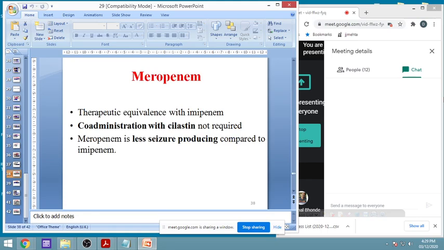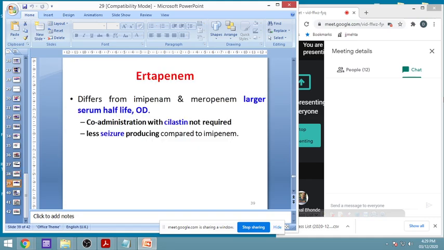Then another drug in that class is meropenem. There is a therapeutic equivalence with imipenem. Co-administration with cilastatin is not required. Meropenem has fewer chances of seizure and therefore it is safer in that matter compared to imipenem. And the newer analog is ertapenem.